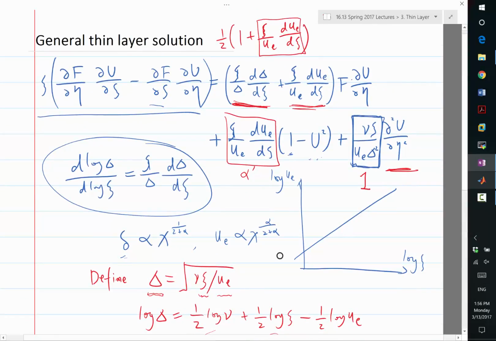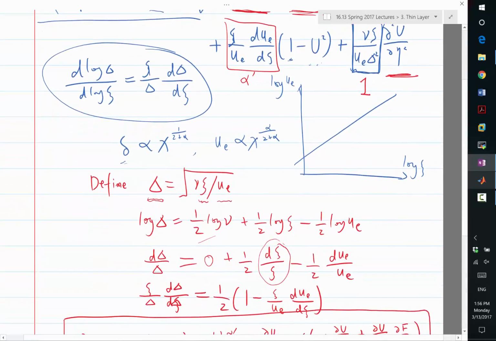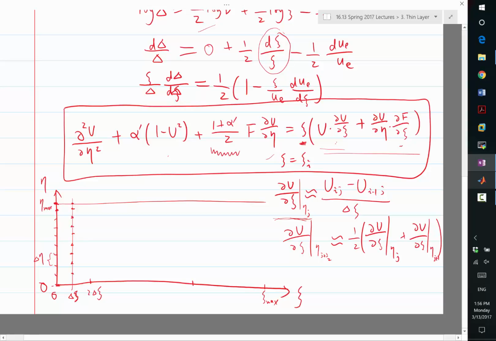So xc divided by delta times d delta dxc, and also xc divided by ue times due dxc, have to be constants. I think that argument is pretty complicated, so that's why we did the previous way. But if you derive it this way, you get the Faulkner-Skan equation in a form where our alpha prime just has a different meaning from our previous alpha.